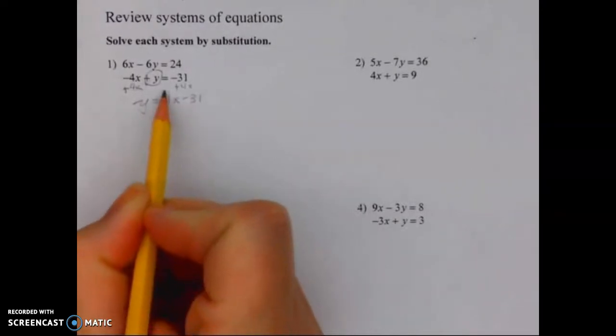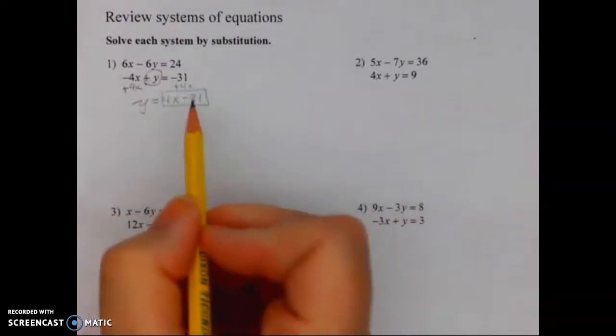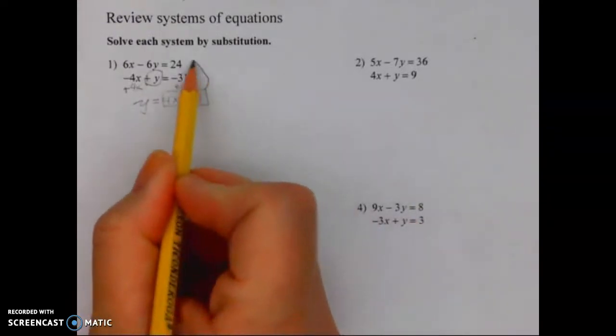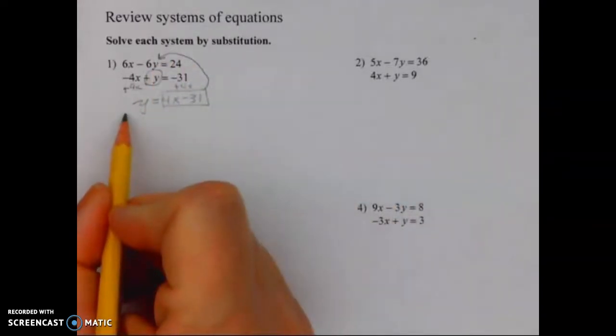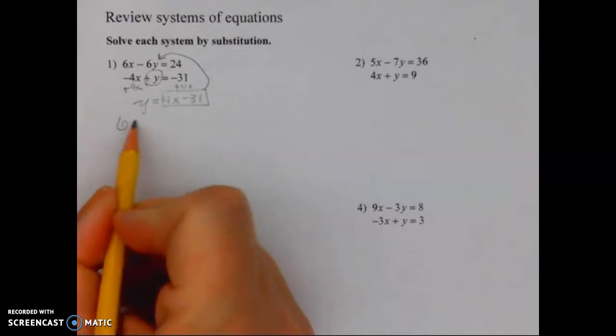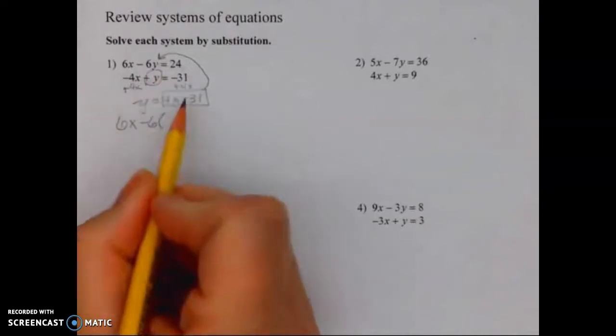This is beautiful. Now that the y is all by itself, that binomial can be substituted into this equation right here. When I do that, I get 6x minus 6, replacing this y with this binomial.